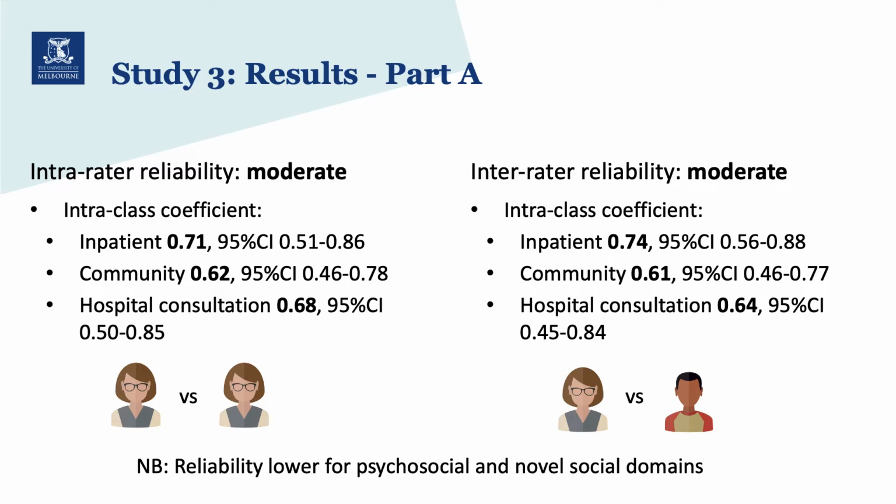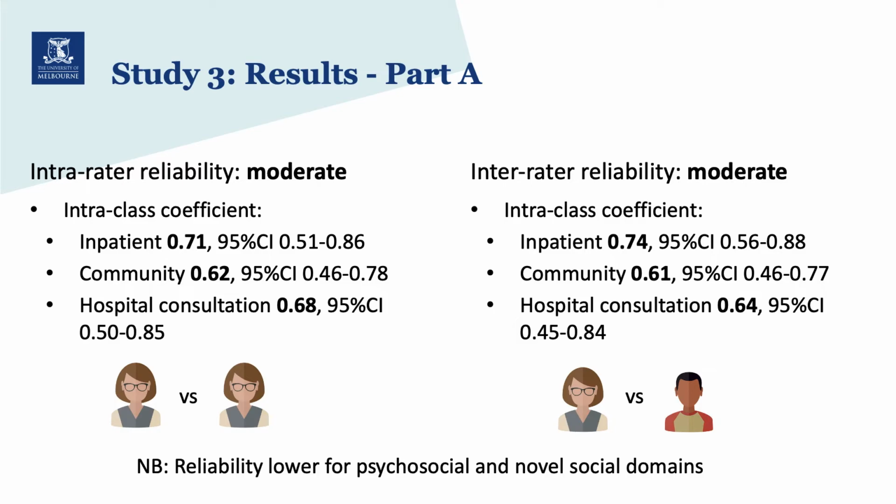And when we looked at the individual items or domains of the tool, the reliability was slightly lower for the psychosocial or the novel social domains, which really just pointed out that training like this module today needs to make sure it explains properly those novel concepts, like the discrepancy between care arrangements and care needs.